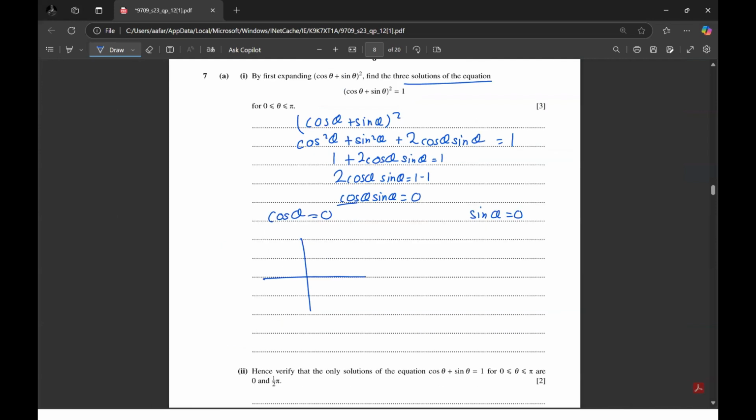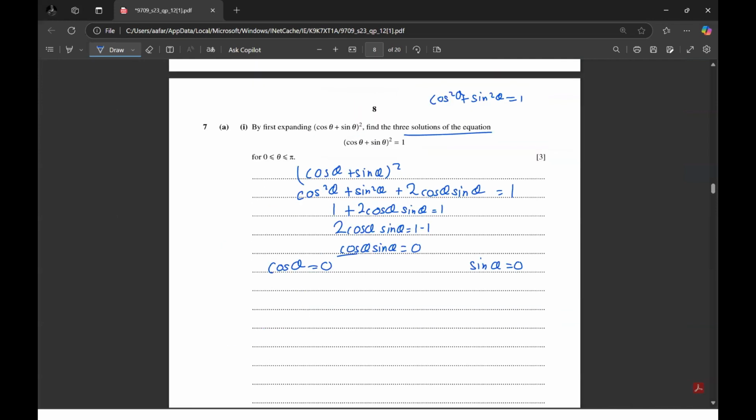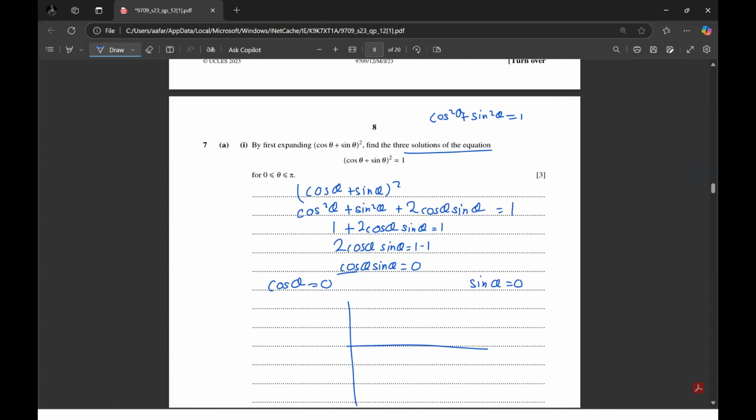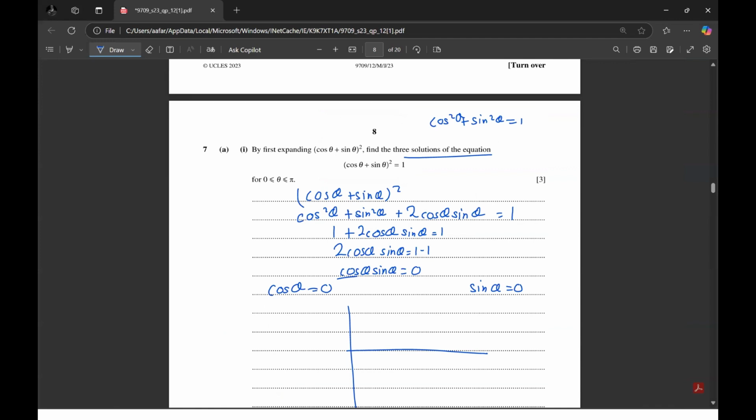I think in this question it's best to draw the actual graph of cos or sine. That is the best, most safest way to solve these kinds of questions. So we see that the cos graph is something like this. This is pi over 2, this is pi. And we only have this domain, till pi.